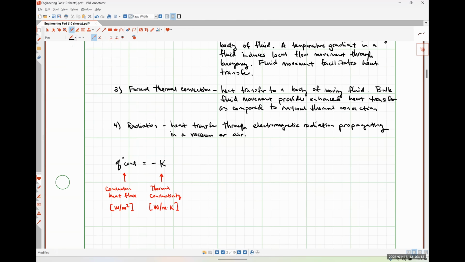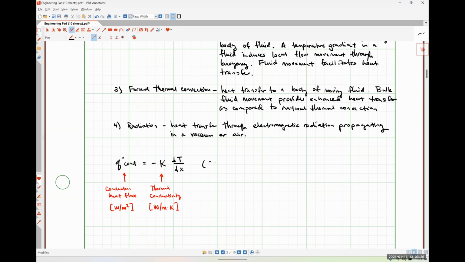And this thermal conductivity is multiplied by the derivative of temperature, capital T, with respect to position X, meaning we won't have any conduction heat flux unless we have some sort of temperature gradient across some distance, right?